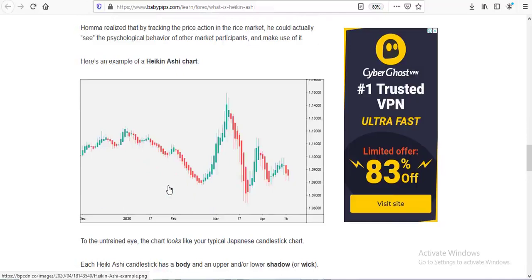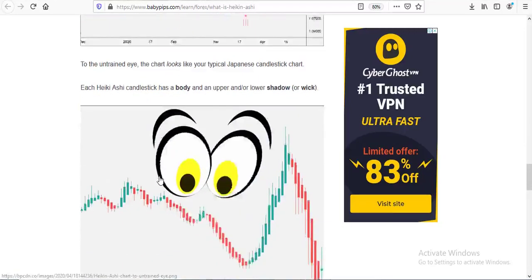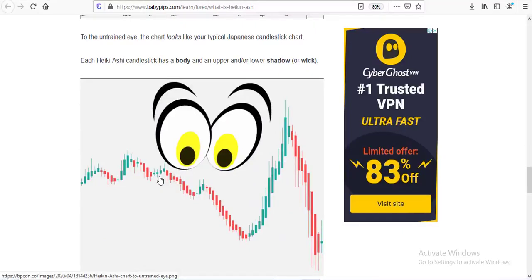Okay, so this is the Heikin Ashi chart. This is how it looks like. It is beautiful. I absolutely think this is very, very beautiful. See how all the candles are arranged together to the top, here coming down, here going up, here coming down. Okay, so we want to learn a great deal into this Heikin Ashi, and we can also see that they have similarities with the traditional Japanese candlestick pattern.